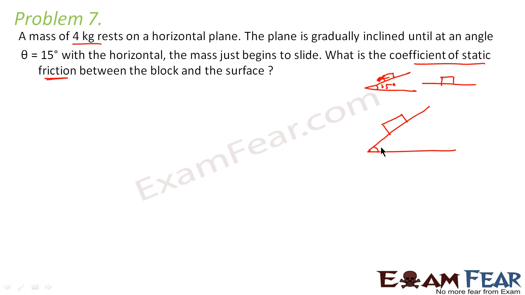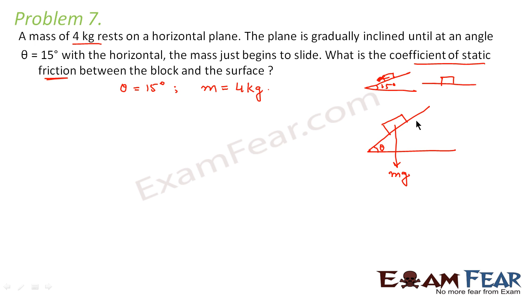Now let us draw all the forces that will be acting on this mass. Now this angle is theta. And in the question it is given that theta is equal to 15 degrees and also the mass of this block is equal to 4 kgs. Now what are the different forces that will act on this block? Obviously mg will act downward this way. Normal reaction will act normal to the surface of contact.